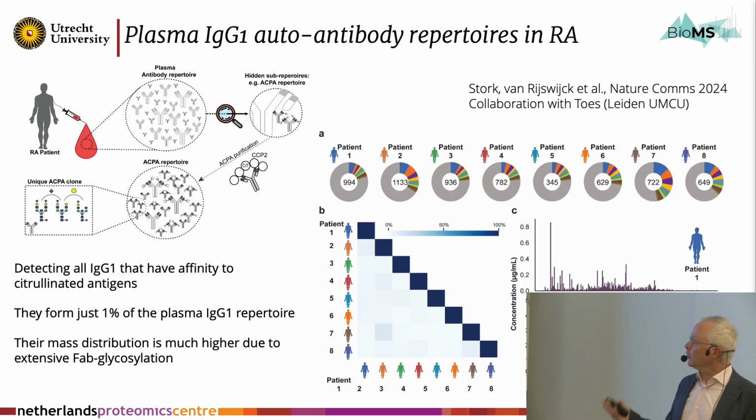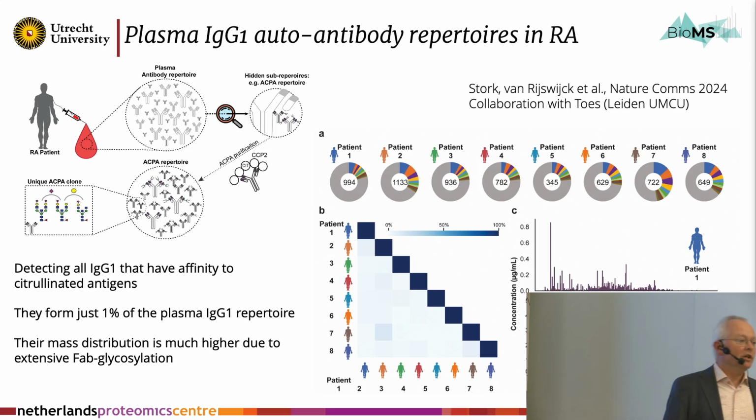So this is just one other example where we look at autoantibodies involved in rheumatoid arthritis, where proteins get citrullinated, and we can actually fish for the antibodies that specifically bind against the antigen of concern, which is here a citrullinated peptide. Now, if we do that in RA patients, again, we find that every RA patient has a repertoire, and here our methods got slightly better, so we get up to 1,000 different clones.